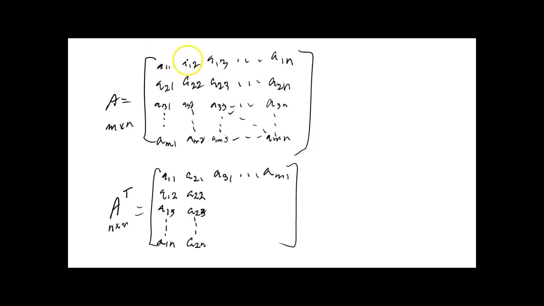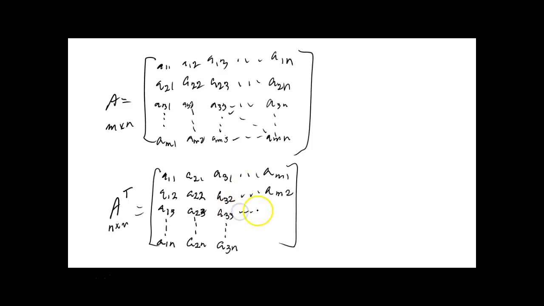So this second column here becomes the second row here. A12, A22, A32, dot, dot, dot, up to AM2. And this one down becomes A13, A23, A33, down to A3N.